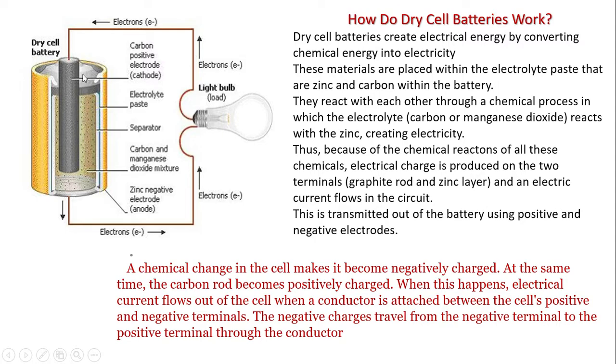For our convenience and safety, these things are usually packed inside a plastic container or outside case of the cell. There are two terminals which are formed, one the positive and the other the negative. The electrodes are placed inside.